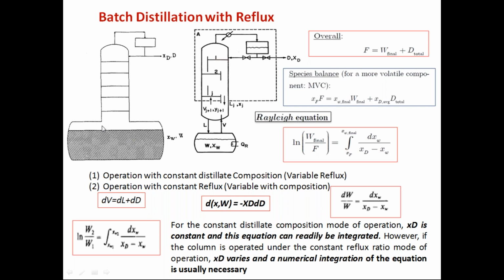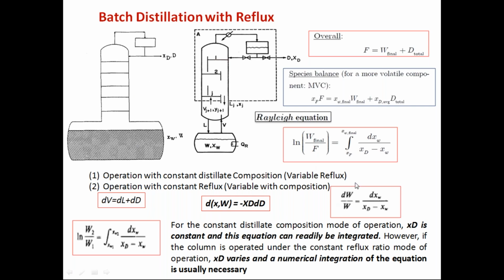So W1 to W2, the liquid quantity is varying in the batch, because continuously the D is withdrawn and it will have an XD, and that may be constant or variable. It depends on how the reflux you are giving. Okay, are you getting me or not?